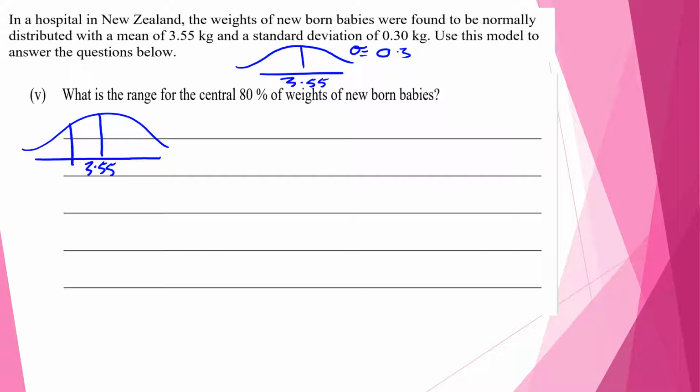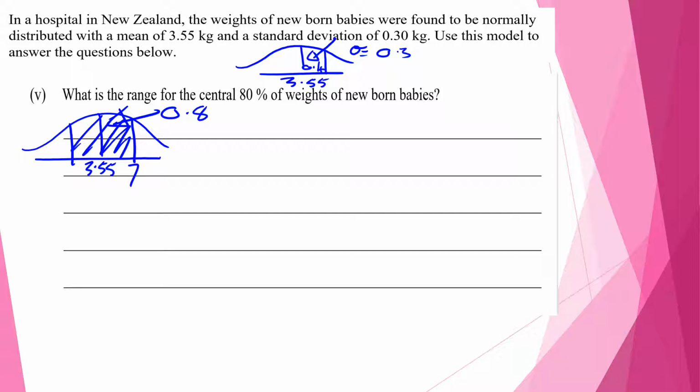So it's either side, the central 80%. So all of this area here is 80%, or 0.8 if you like. Therefore, each of the halves of that 80% is 40%, or 0.4. So we know the area that we're dealing with is 0.4.